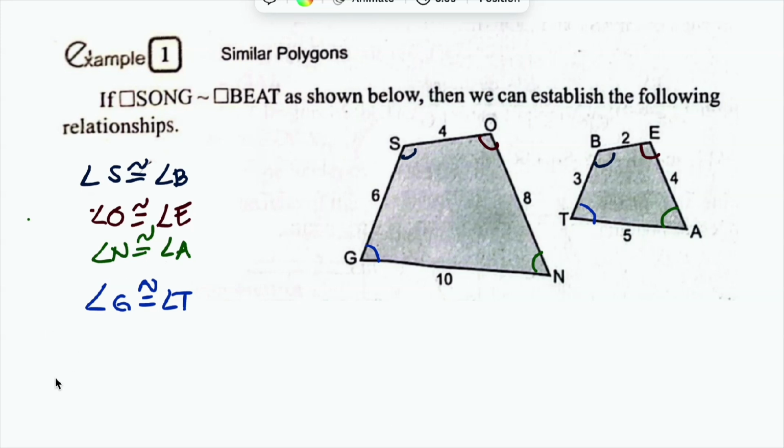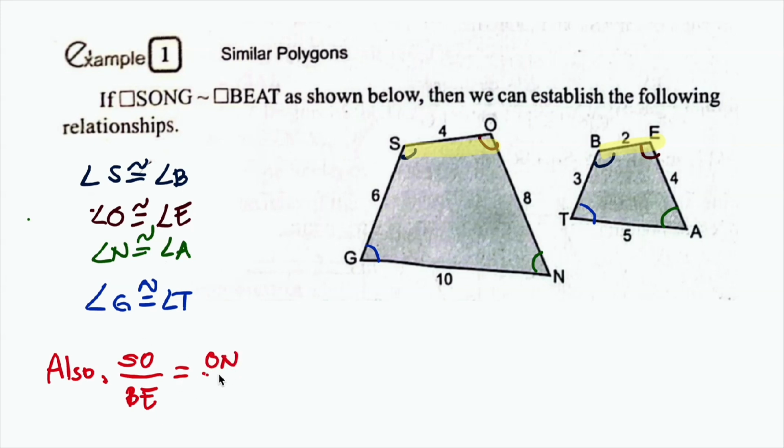Also, we can say that the ratio of the two segments of this polygon, for example SO over BE, is equal to the segment ON over EA.